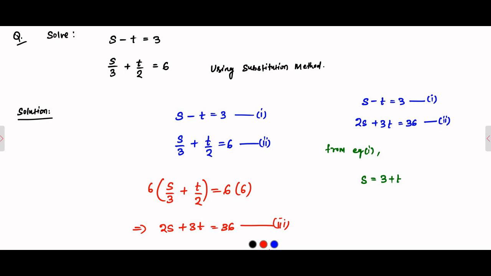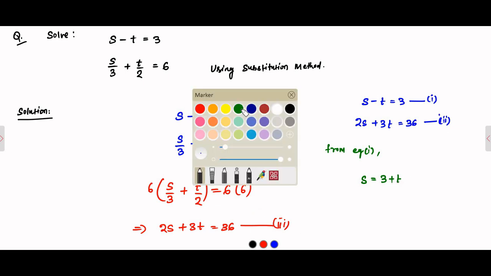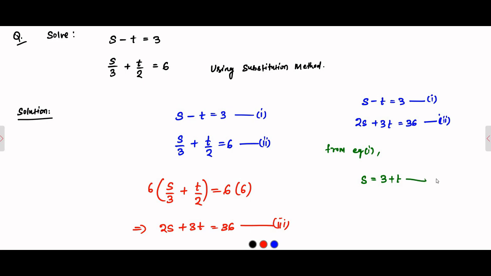This is equation number 3, okay, not 2, it is equation 3. Actually this is equation 4, s is equal to 3 plus t. Now we will substitute equation 4 in equation 3.